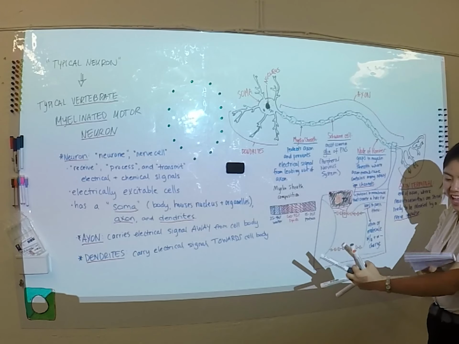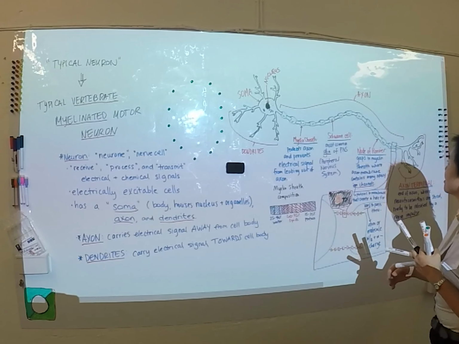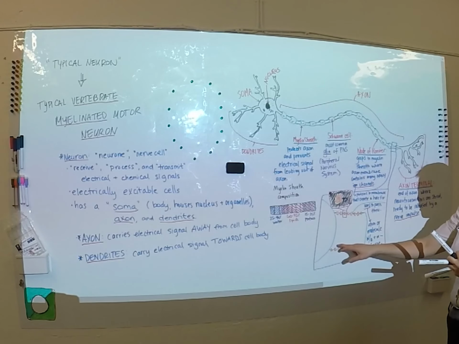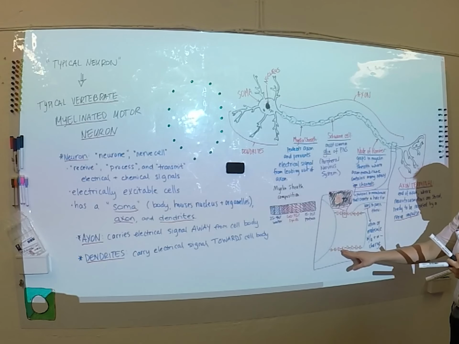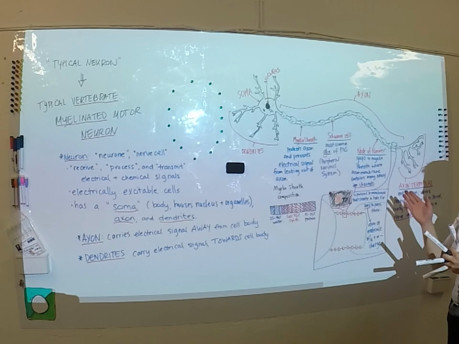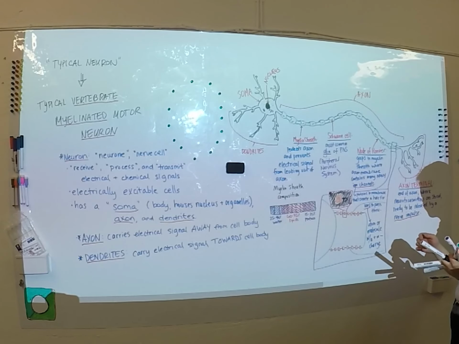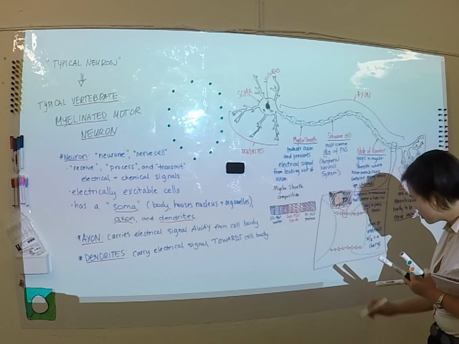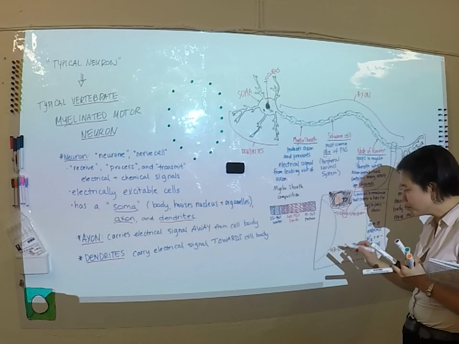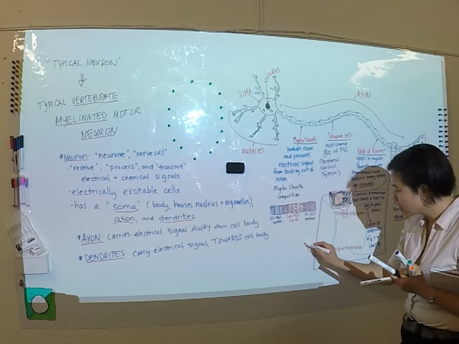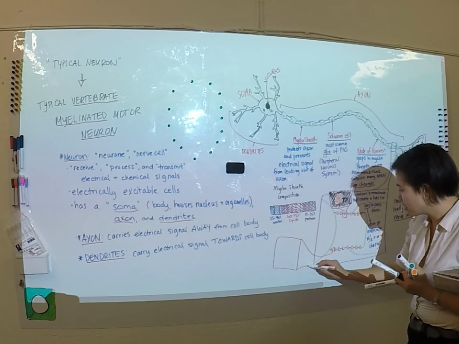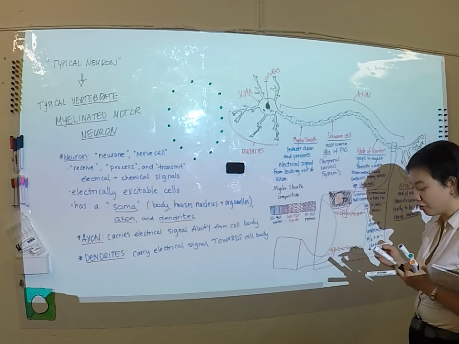And then the last thing that we're going to do in this video is take a closer look at what goes on in the part of the axon membrane that doesn't have an ion channel. So we're going to zoom in on the membrane itself.